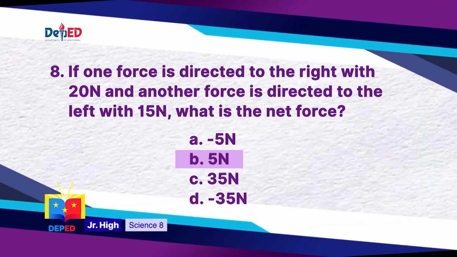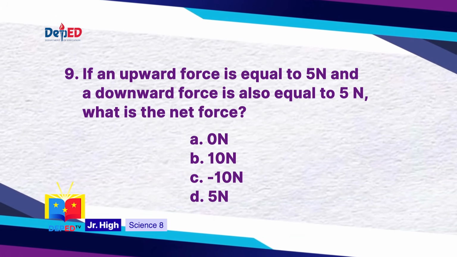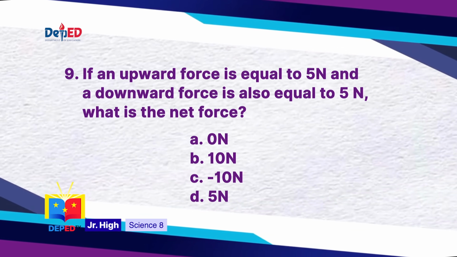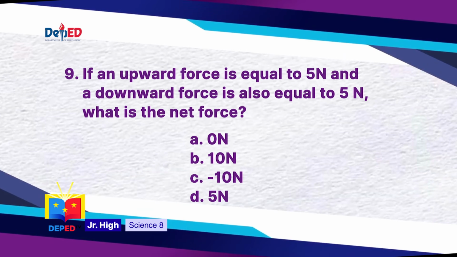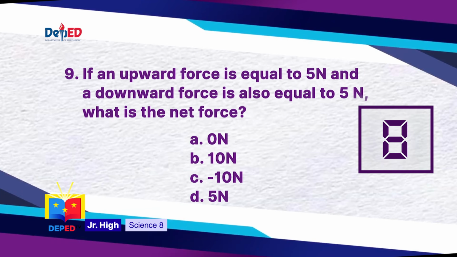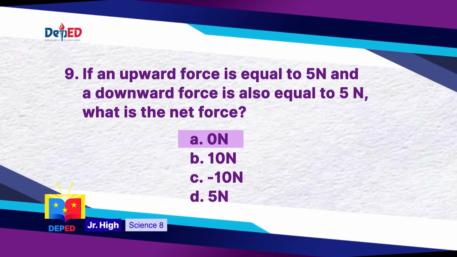You guys are intelligent. If an upward force is equal to 5 newtons and a downward force is also equal to 5 newtons, what is the net force? 0 newton, 10 newtons, negative 10 newtons, 5 newtons. Zero newton is the right one.